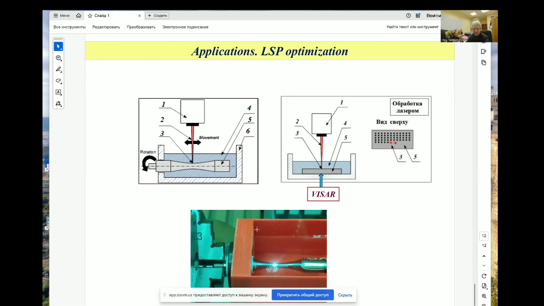And another artificial factor, I think, could be considered very important. It's vaporization of the thin film and the influence of liquid.